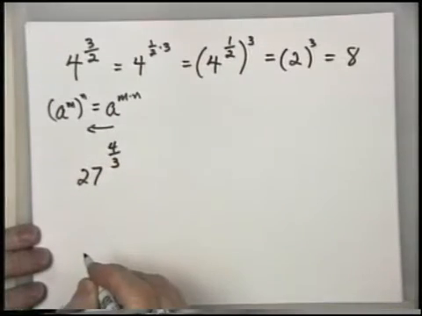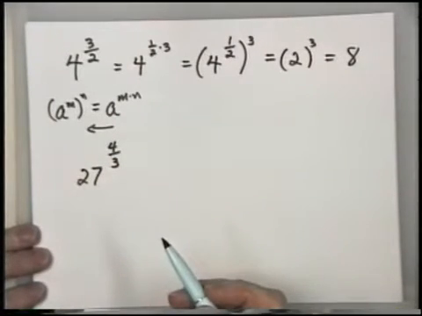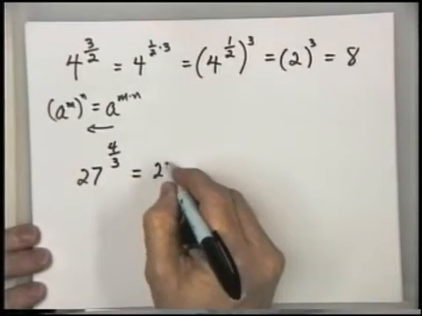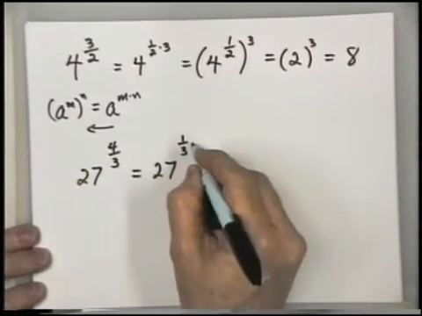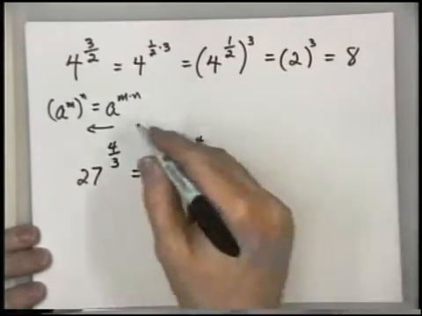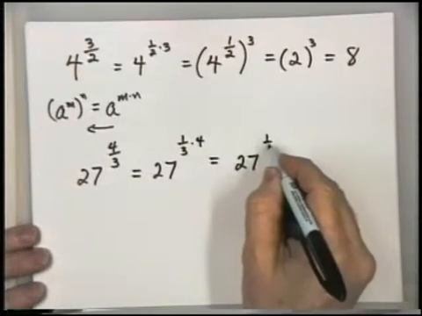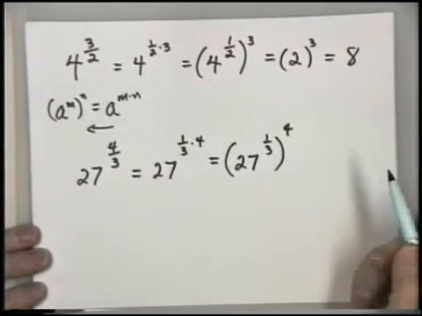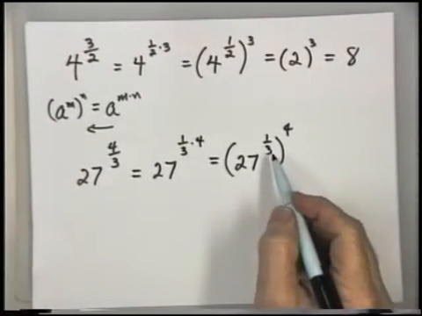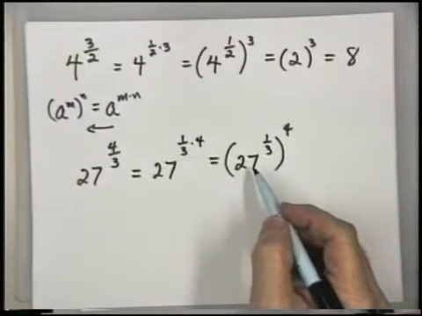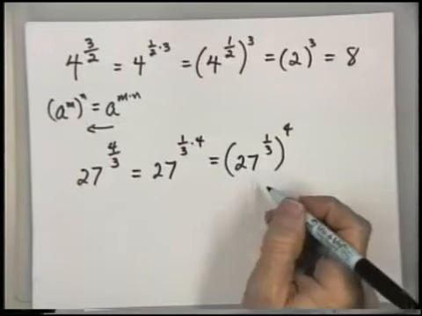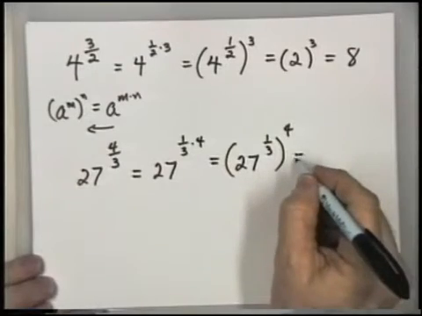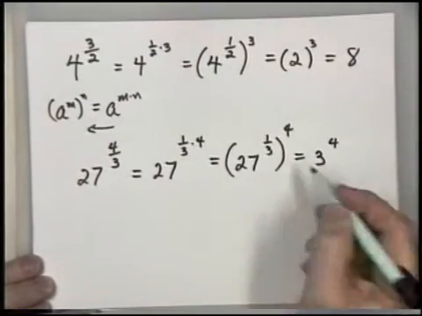27 to the 4/3 power. Well, again, I'm going to think of that as a product, the exponent 1/3 times 4, and then using this property of exponents, I can write that as a power of a power, and 27 to the 1/3 power, the principal third root or the cube root of 27, or again, the real number that you have to cube to get 27, is 3.